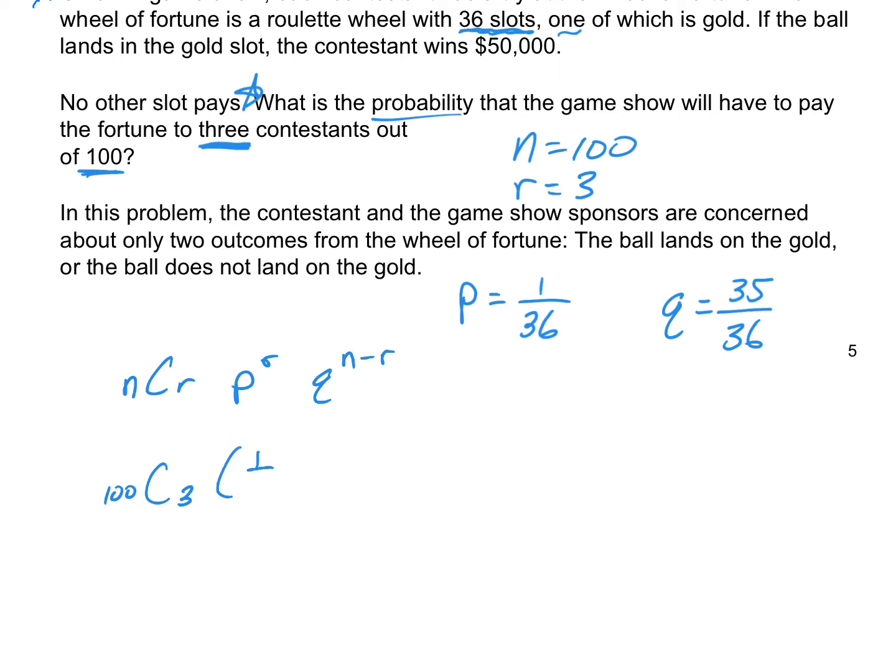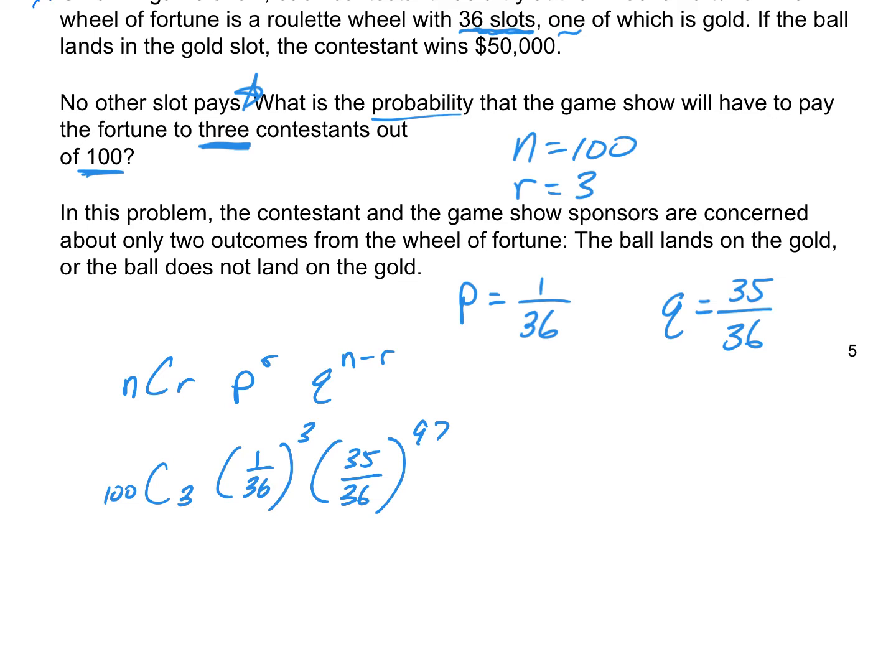My success is 1 out of 36. That's our p. It's going to happen 3 times. They said there were 3 winners. Well, if there are 3 winners, then the probability of losing is 35 out of 36. If there are 3 winners out of 100, then 100 minus 3 is 97. There are 97 people that didn't win the gold or the $50,000.